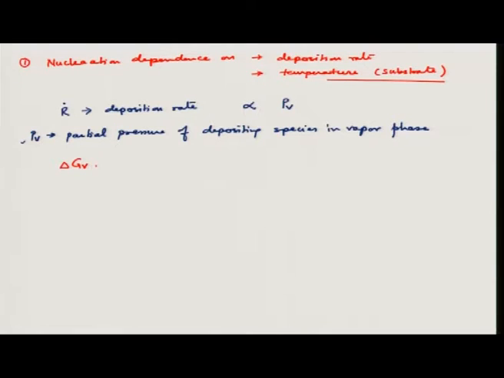So, that is the phase transition, and this we can write as kT/omega ln(PV/PS). Okay. So, this is the change in free energy for phase change, where omega is atomic volume. Okay.